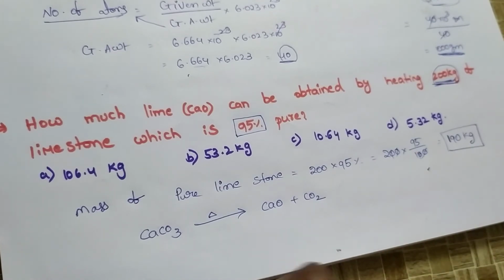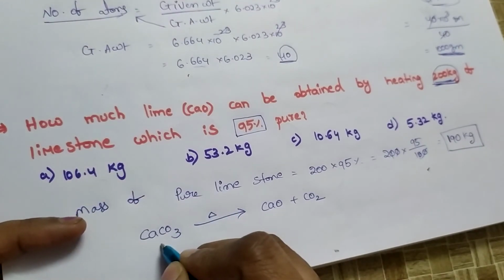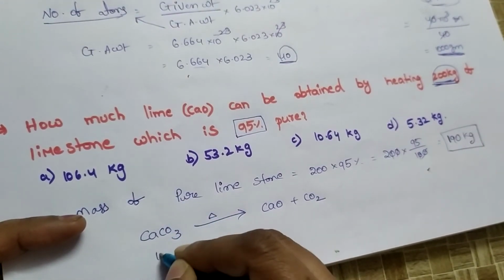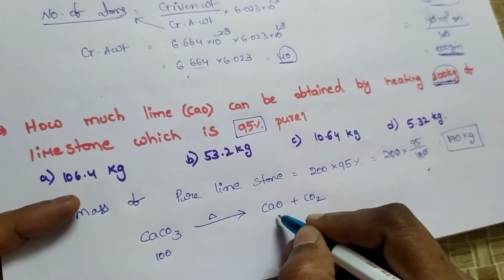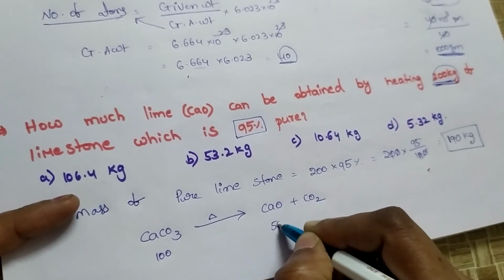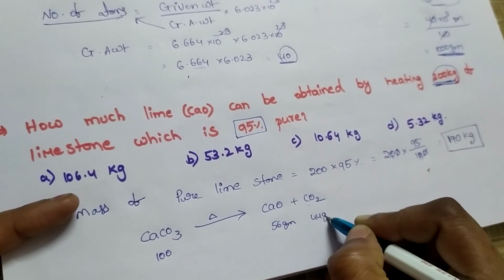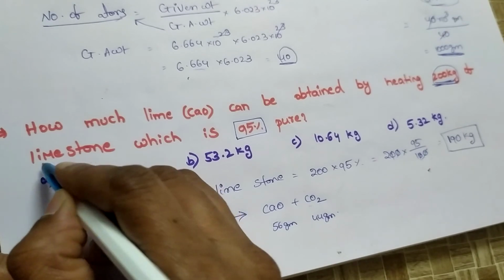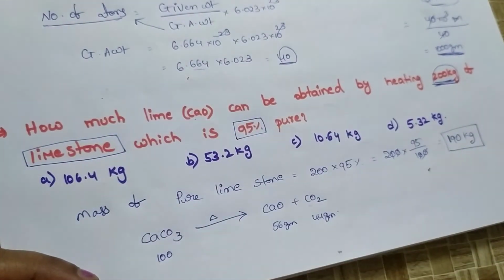So first of all, we have to calculate the weights. CaCO3, its weight is 100 grams, because we have to take its atomic weight. Calcium oxide is 56 grams and carbon dioxide is 44 grams. But here he is asking in the question for a relation between limestone and lime.